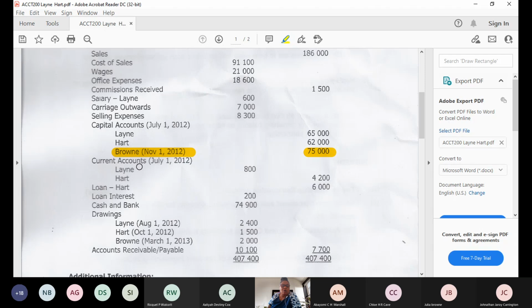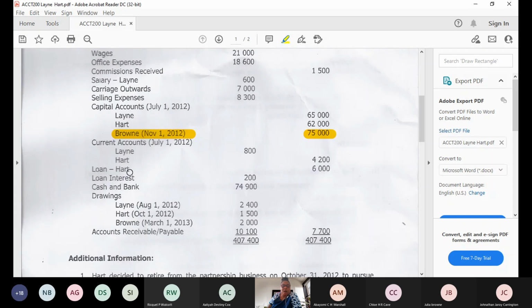Then you have a current account for Lynn and Hart. Not saying that you don't have one for Brown, but remember Brown was not in at the beginning. Because Brown was not a part of the partnership originally, she will not have an existing current account with a balance. But Lynn has a debit balance on her current account of $800, and Hart has a credit balance of $42.